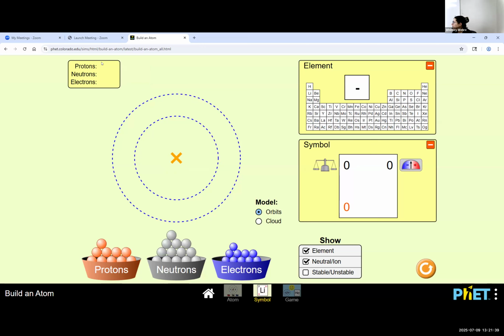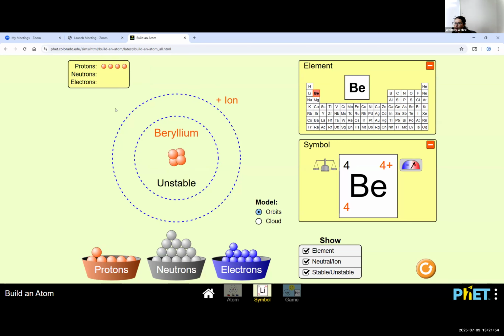Let's make beryllium. Look at beryllium, it's Be. How many protons should I add? 4. Okay, now I have beryllium. What is the weight of beryllium? You can see, should be, yeah, around 9.